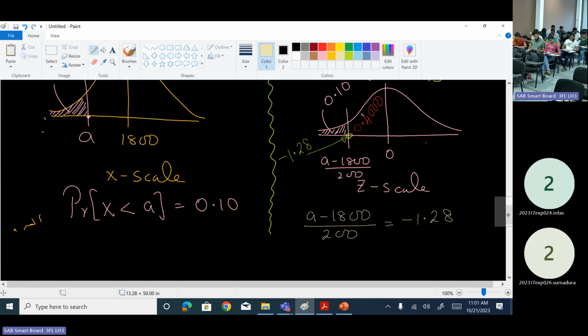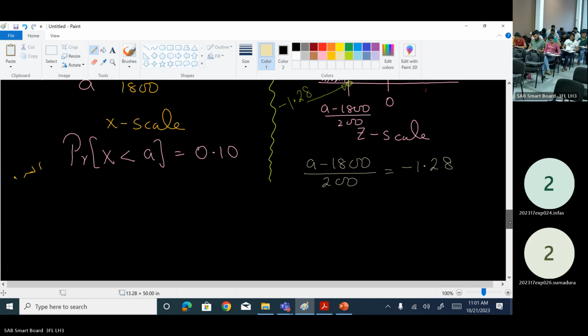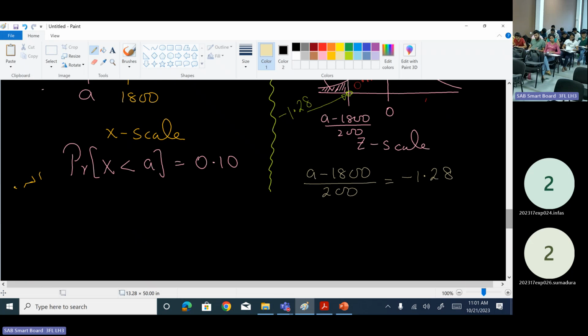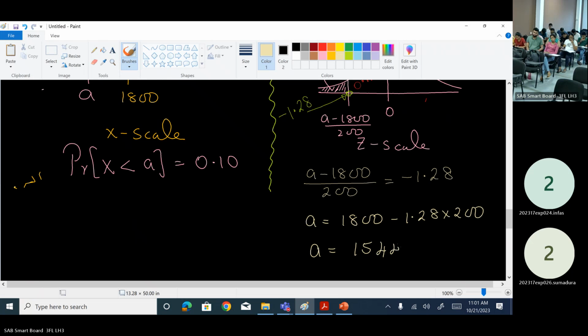So we need to evaluate this A. So A equals 1800 minus 1.28 times 200. If we simplify, 1544.